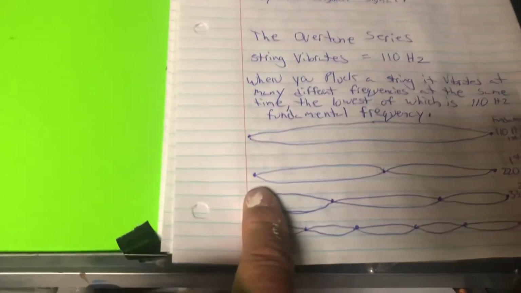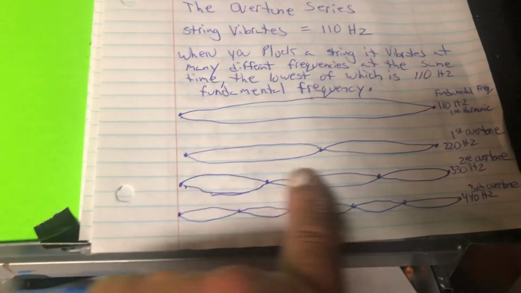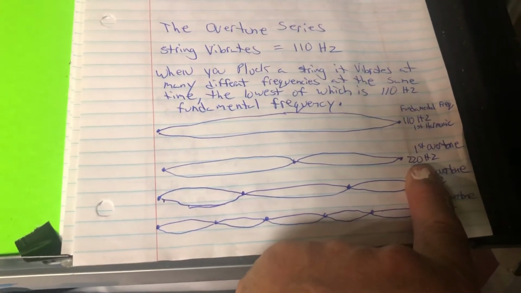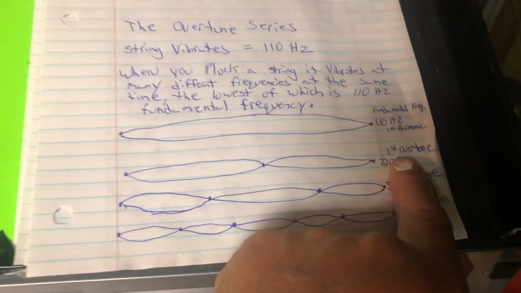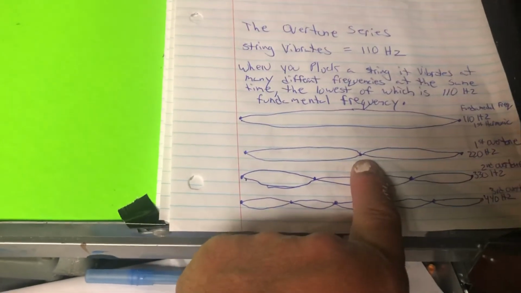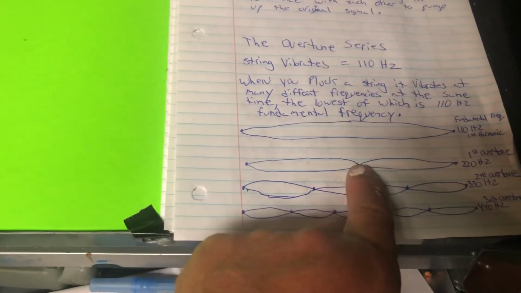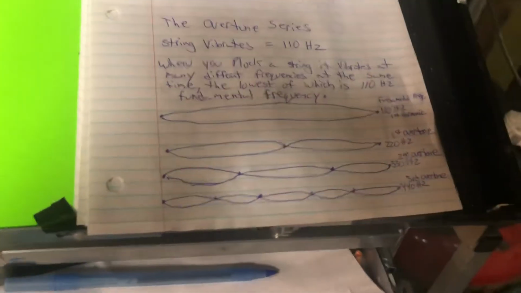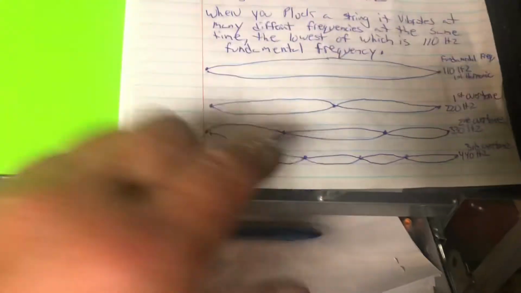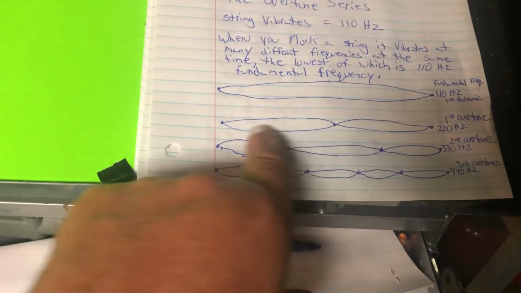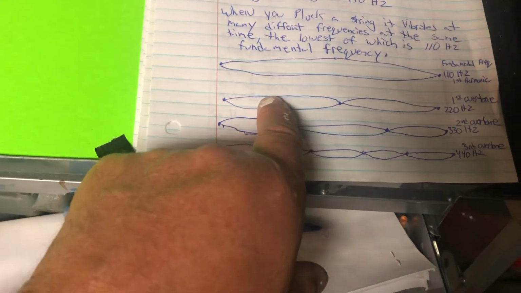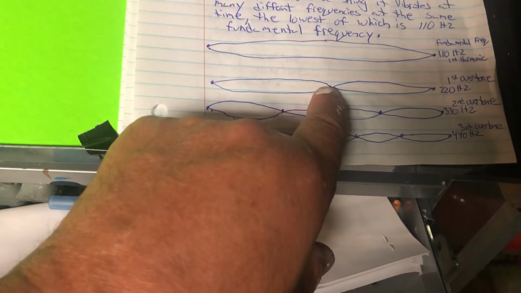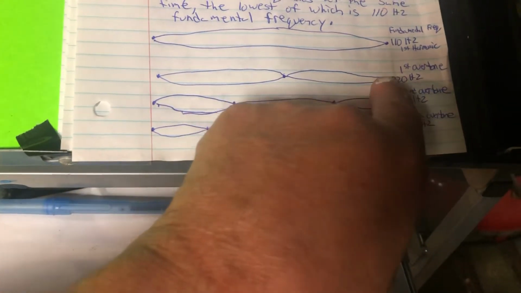Now this is what the string would look like at 220 hertz, and you get your first overtone. You can see that there is a nodal point, which they're saying is an overtone. This is where the field comes up and goes through each other and back around and up again.